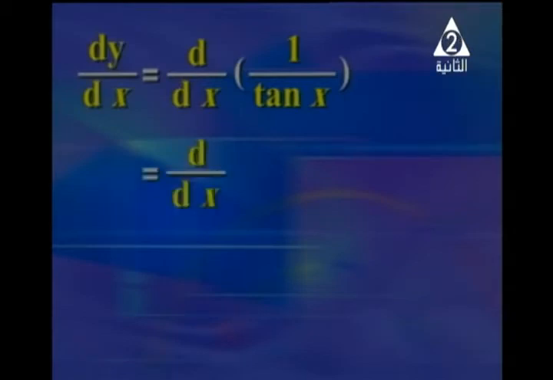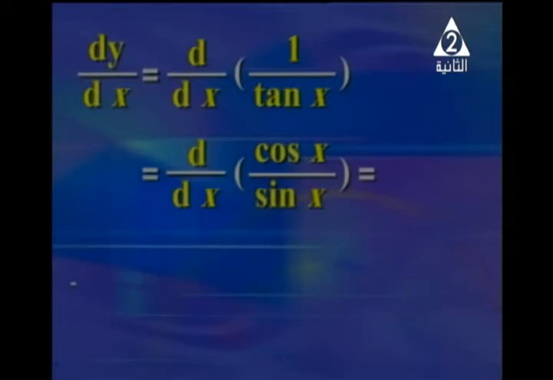Note that, dear student, in this example dy/dx equals d/dx of 1 over tan x. Remember, we have cot x equals 1 over tan x, which means cos x over sin x.